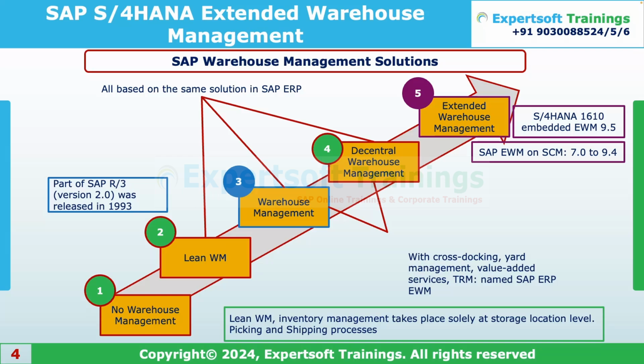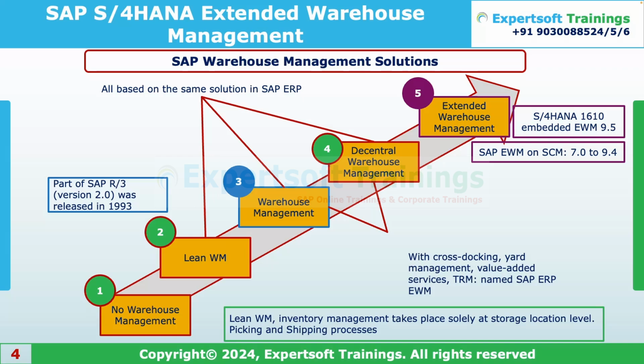So all those popular modules are on the SCM system. And to use EWM, you have to take a separate license for your EWM system to connect with your mainframe ERP system, so that you can leverage this extended warehouse management solution. Why? Because it has additional features. If you have a very complex warehouse, it will make your life easy.